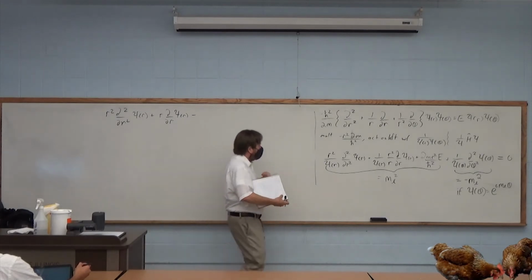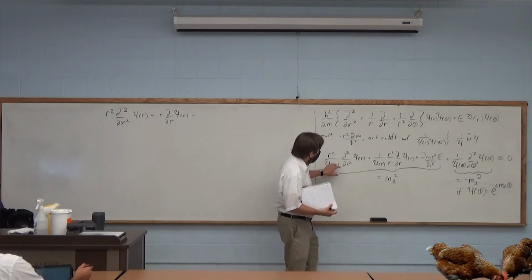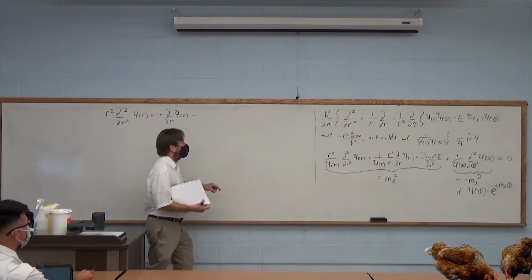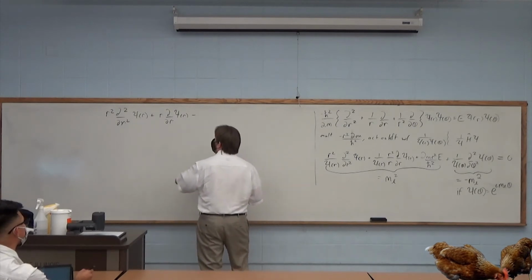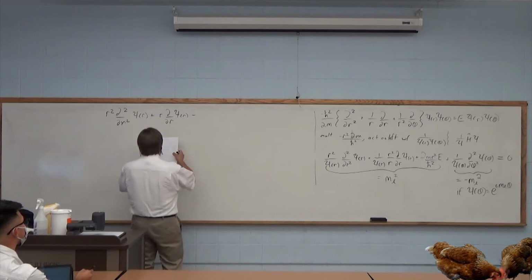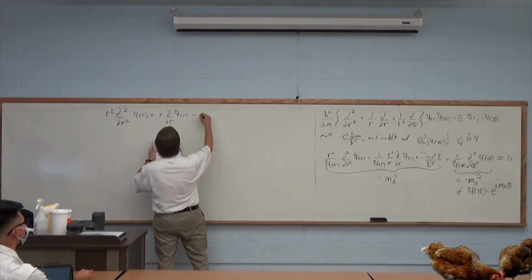Okay, what I'm doing here is I'm taking this part, setting it equal to a constant, and I'm multiplying through by the wave function. Yeah, I'm just multiplying through by the wave function. And where you'll see that is right here.